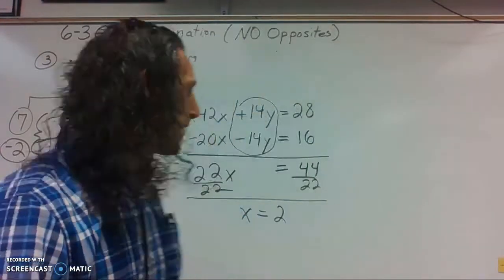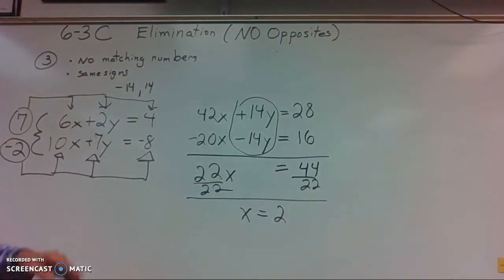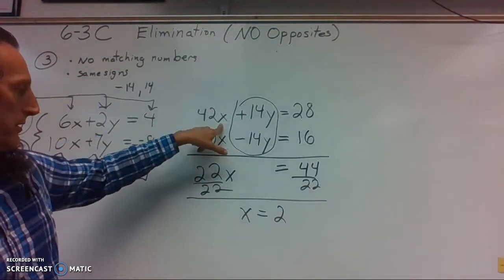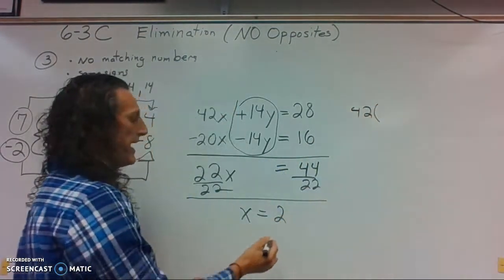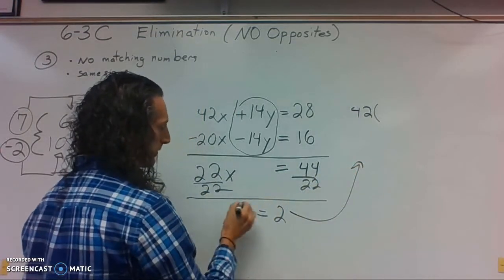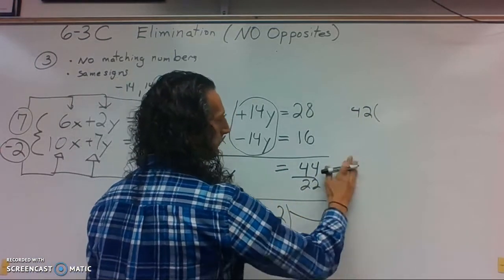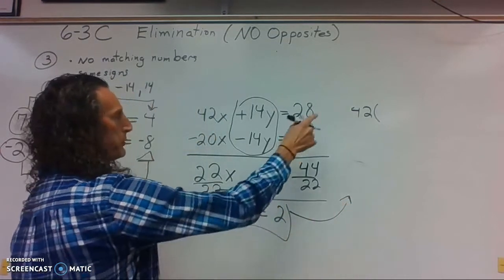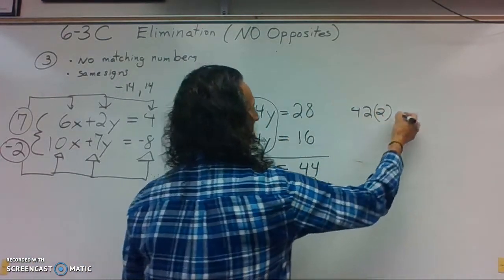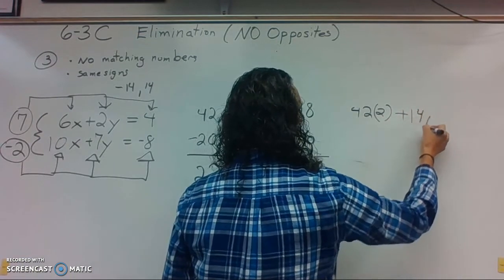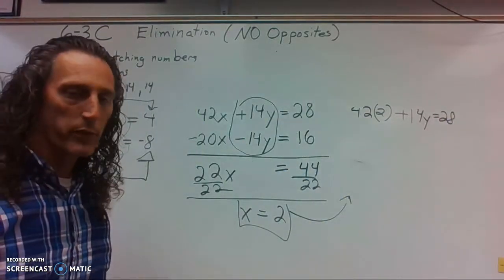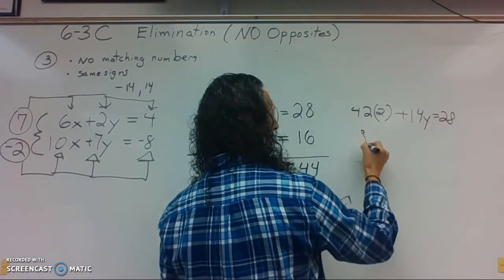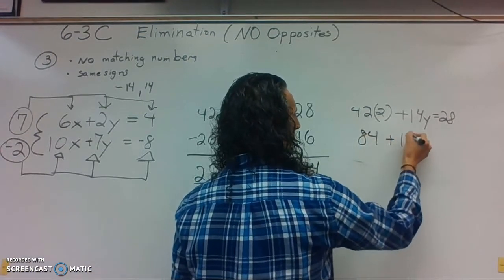And then we're just going to plug it back into one of these equations. You can plug it back into any one of those. We'll plug it back into this one. So we're going to go 42 instead of x. I'm going to put a 2 here. Right, and then we're just going to quickly solve this. That's going to make an 84 plus 14y.